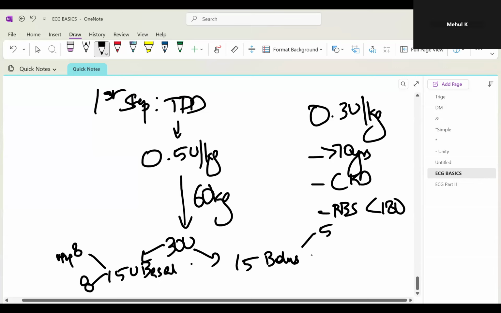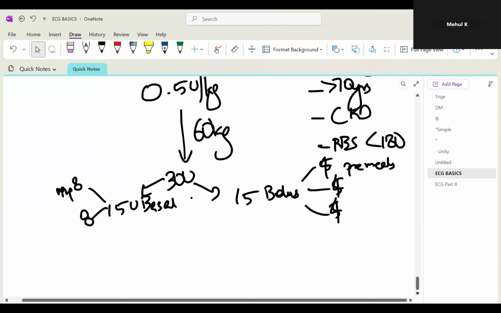So you have 5, 5, 5, and generally we like to use even numbers. So you can convert this into 4, 4, 4. This is given pre-meals. So 4 units pre-meals. This is your nutritional insulin.